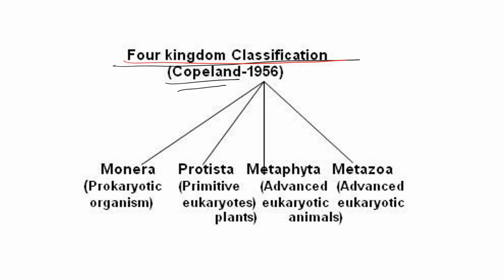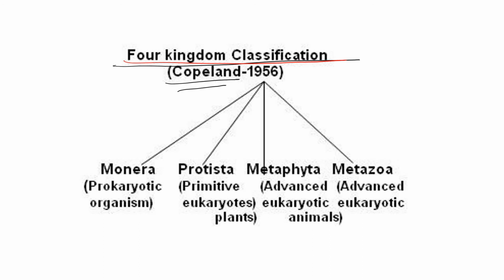Then he found that, okay, Carl Linnaeus did the two kingdom classification, grouped living organisms in two, that is the plants and animals. Then Ernst Haeckel came and gave the three kingdom classification, in the form of Protista, then plants and animals. But then Copeland thought that there are certain organisms which cannot be grouped in this Protista, this Metaphyta, the plants, or the Metazoa, the animals. What to do?